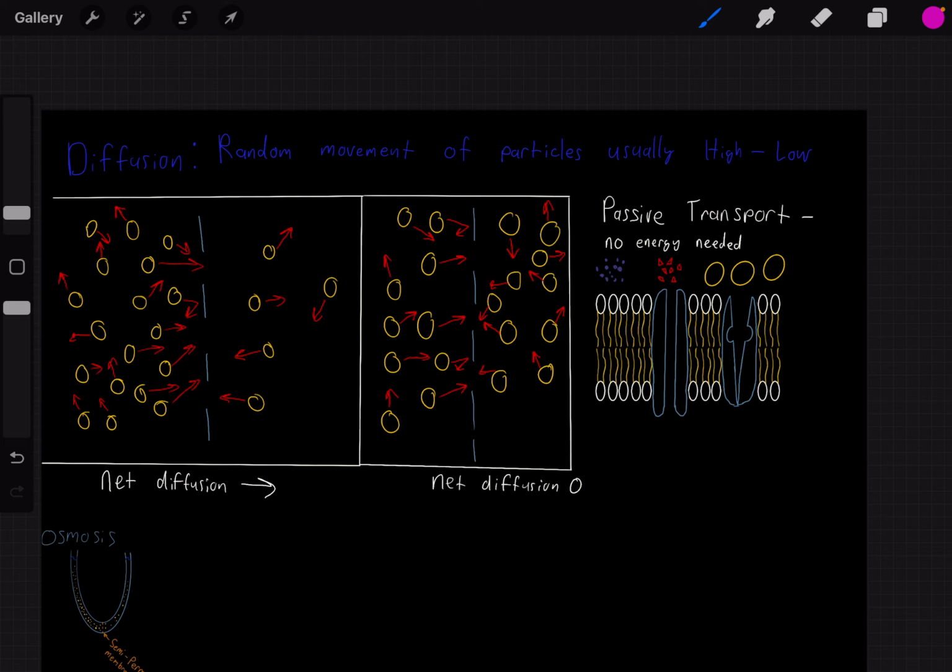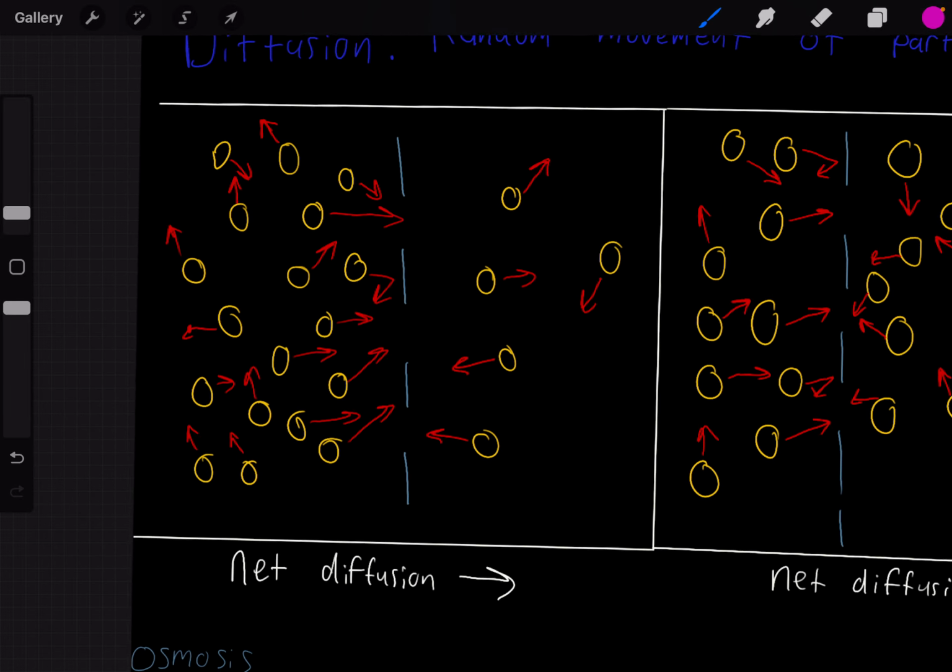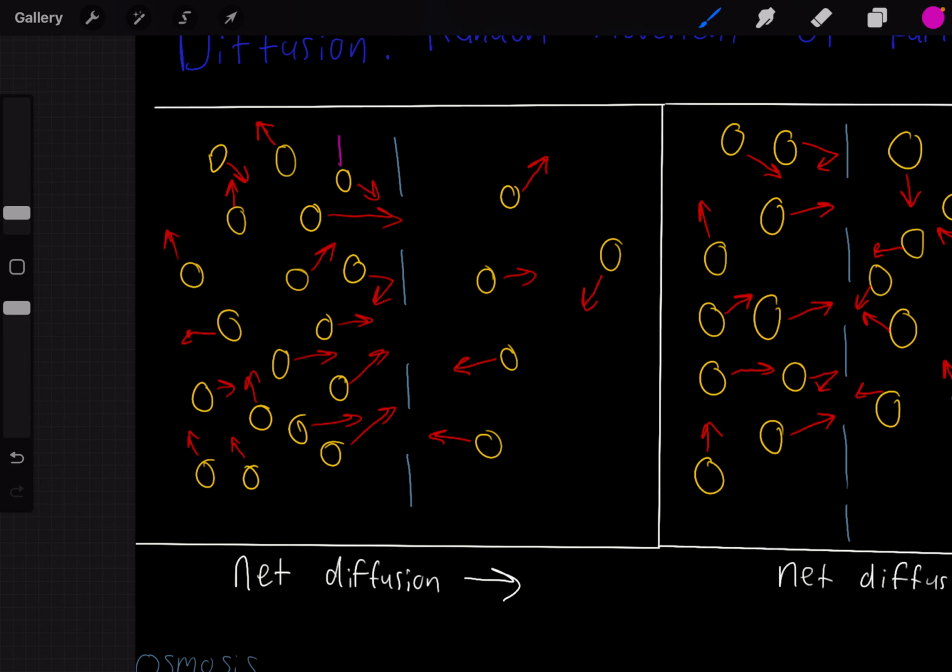However, when you have a higher concentration and a lower concentration, that creates a gradient, and naturally the higher concentration will go to the lower concentration. That's just how diffusion works. So for example here, we have these molecules, the yellow ones, and they're bouncing around in all different places, same as these ones. But as you can see, we have a lot more on this side right here.